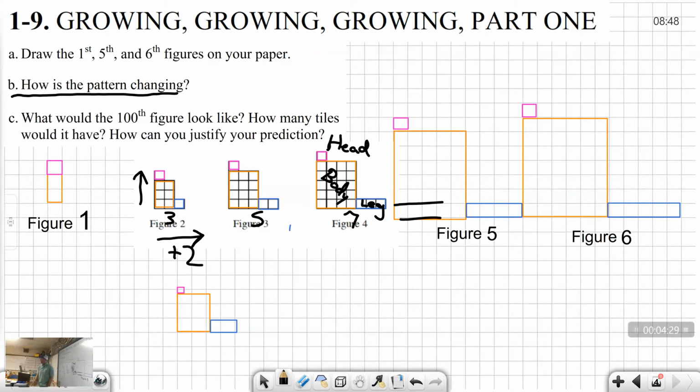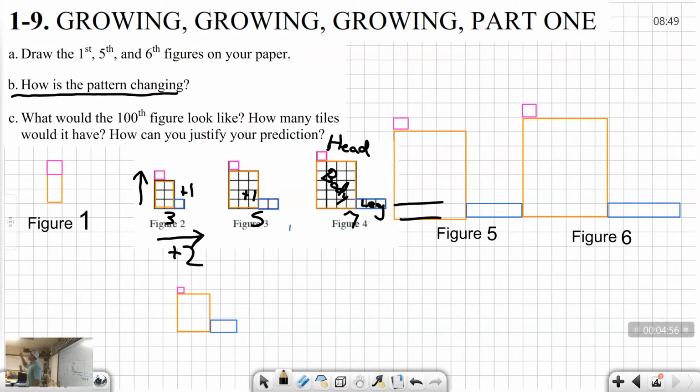But did you notice that the length of the leg was not growing by 2? Did you notice that the length of the leg was only growing by 1? Yes. Because the body was also growing by 1. The body was growing up by 1 and out by 1, and the leg was growing by 1.